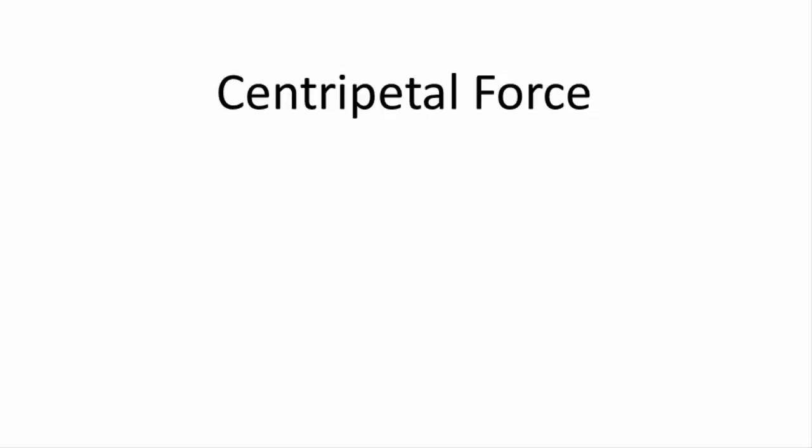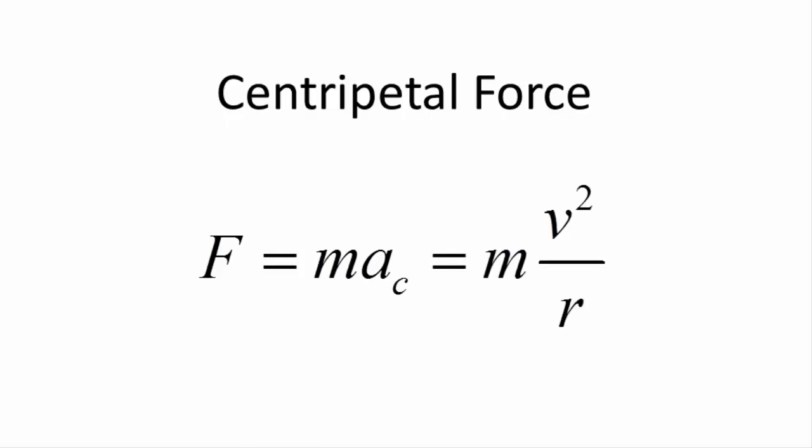In summary, the centripetal force is a force that causes an object moving at constant speed to move in uniform circular motion. It is equal to the mass multiplied by the centripetal acceleration, which is the square of the speed divided by the radius of the circular orbit.